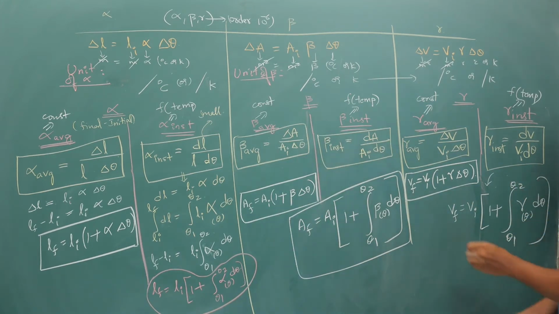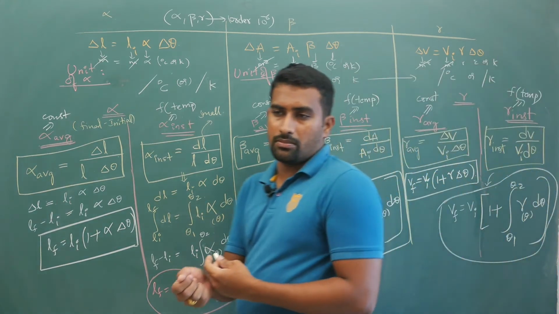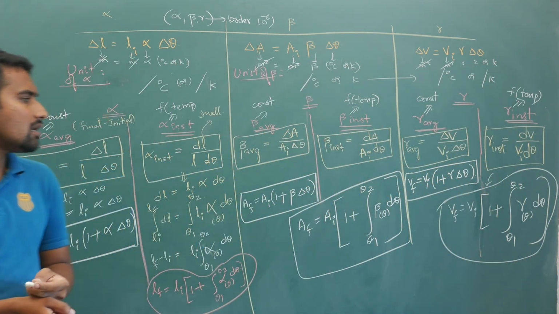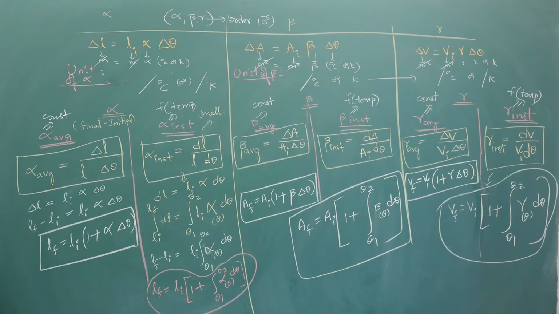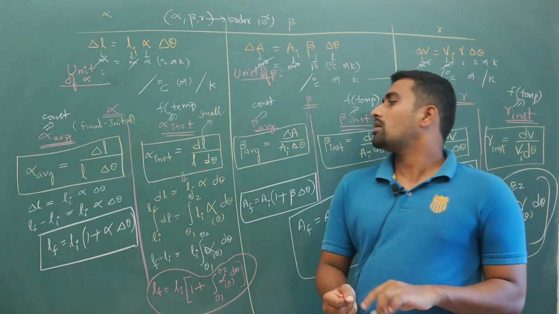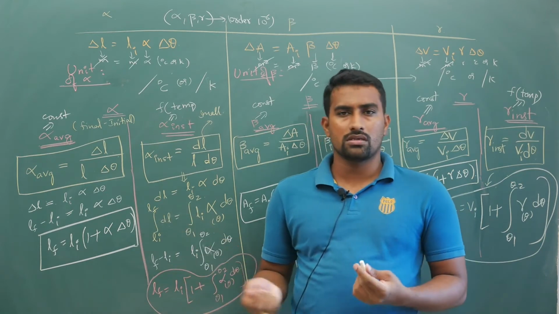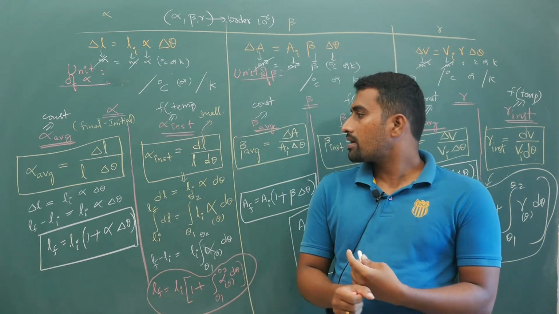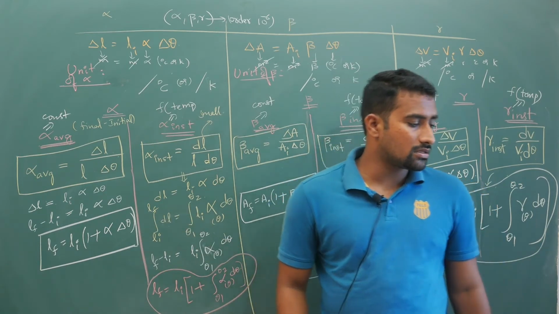Like this we define the temperature coefficients of linear, areal or superficial, and volume expansions. I have told you what expansion is and how you are supposed to calculate it.